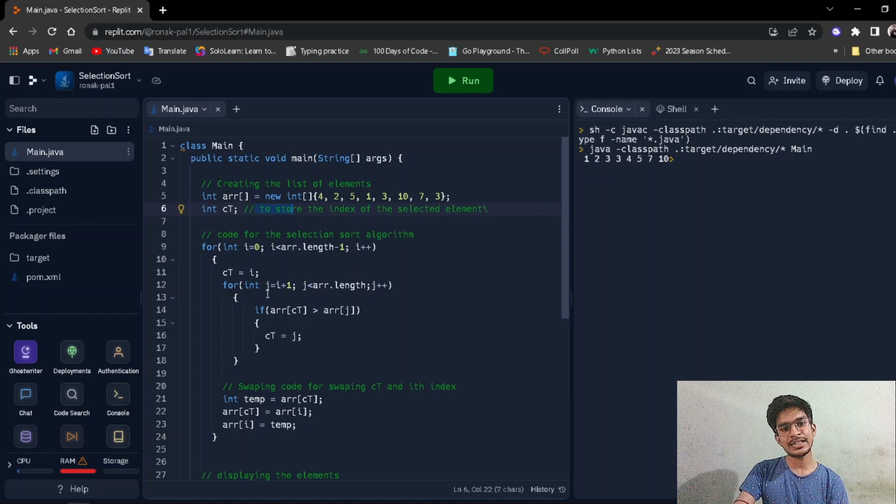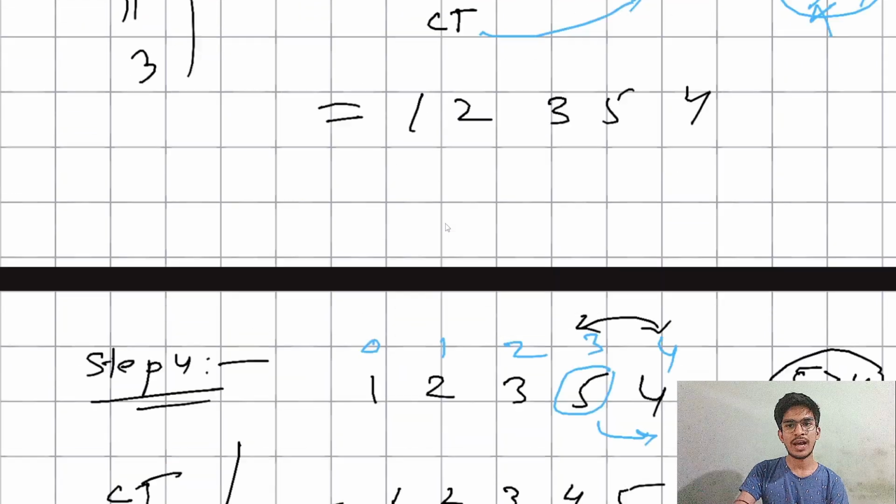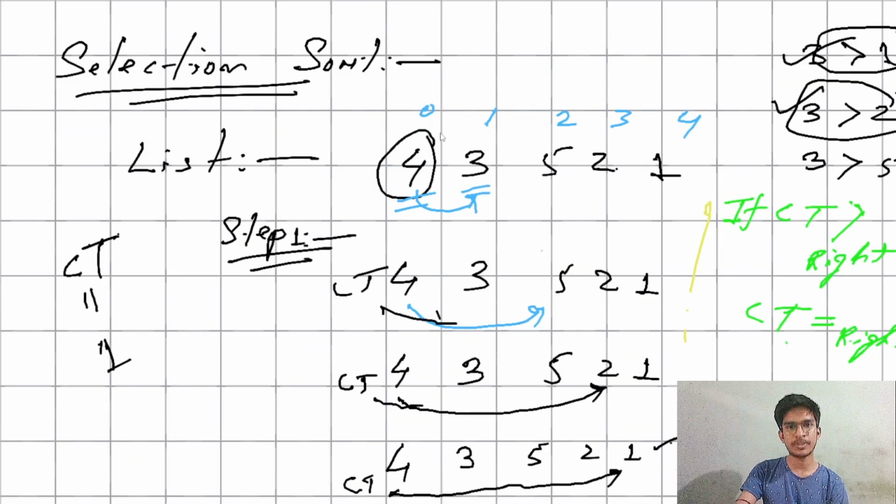But in the second step, what are we doing? Suppose we have a zeroth element; we compare it with the next element, the one element, that means 0 plus 1.